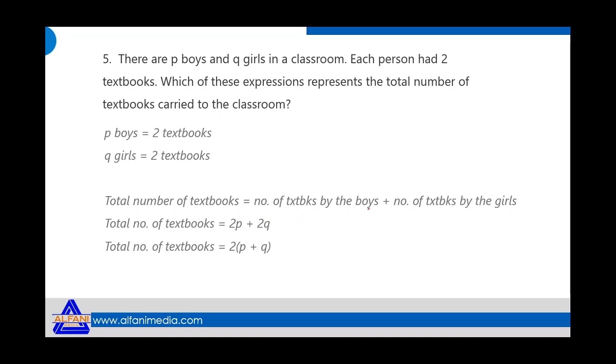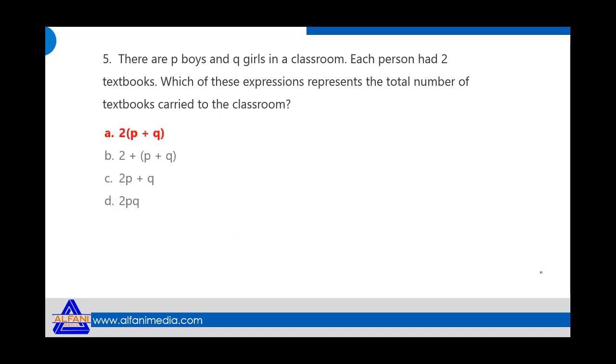Remember, the boys is P, and then the girls is Q. So plus the total number of books carried by the girls, 2Q. When we factor out 2, that's the common item here, we get 2 into bracket P plus Q. So that is our answer here.